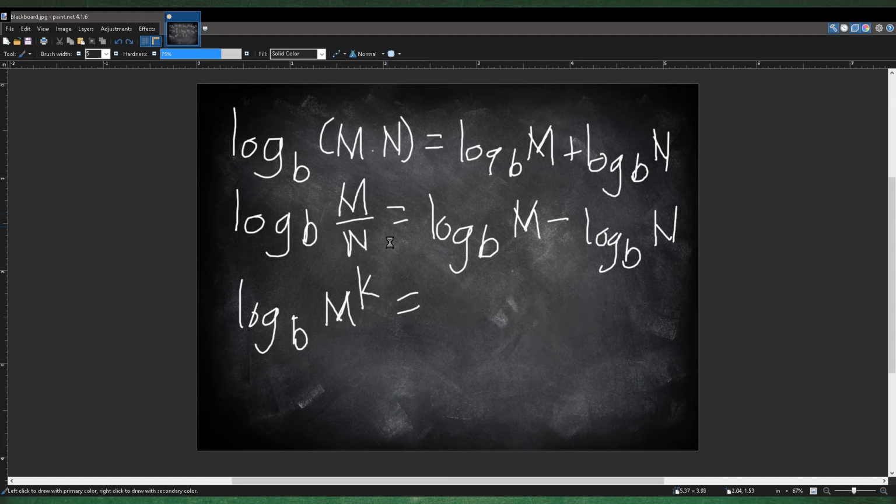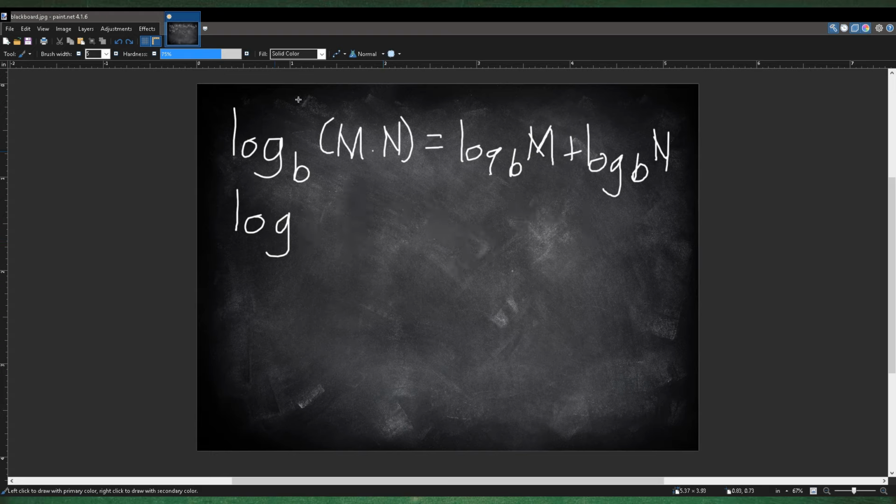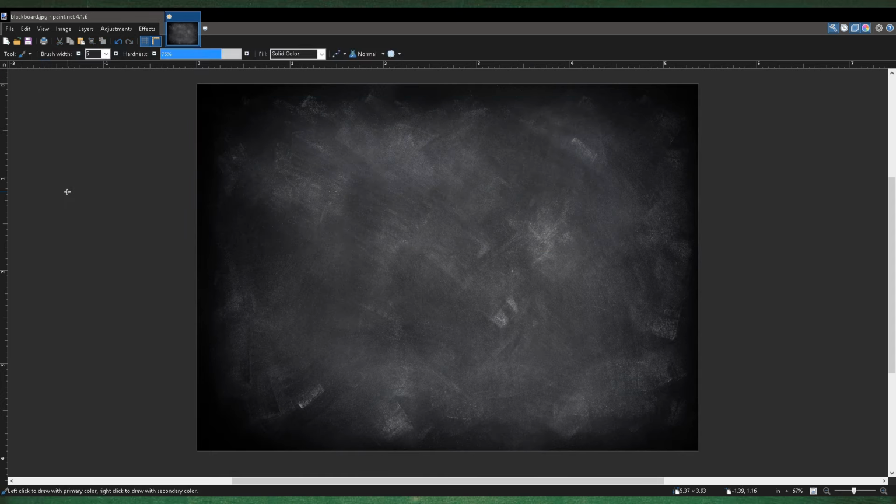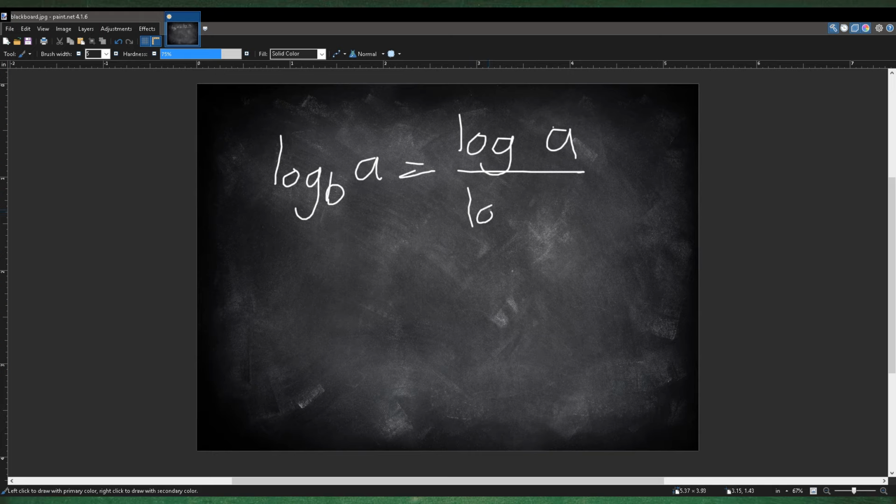There's also one more that usually the school or the course wants you to know. It's going to be used the most often if the problem is really difficult. If you have something like log b of a, it's going to be written as log a over log b. And this could be any base.